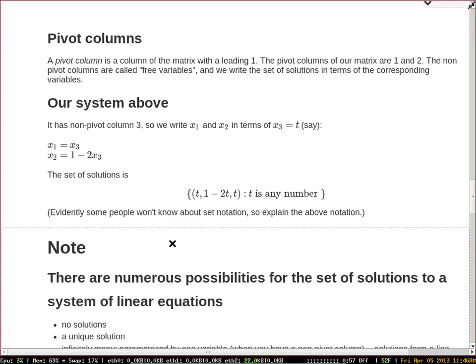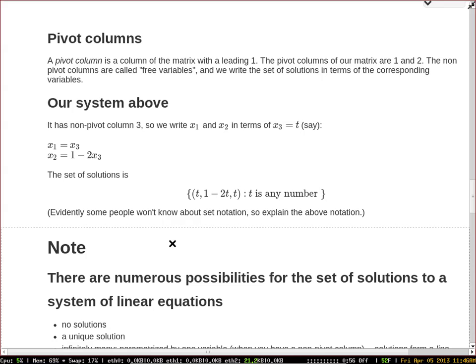I definitely messed up because I forgot that one. 1 minus 2t and t. So the solution is the set of all triples t, comma, 1 minus 2t, comma, t, for any t. All right?